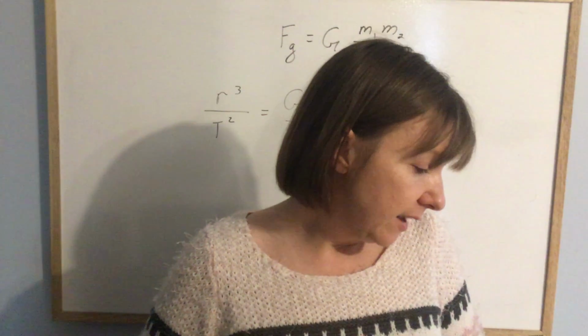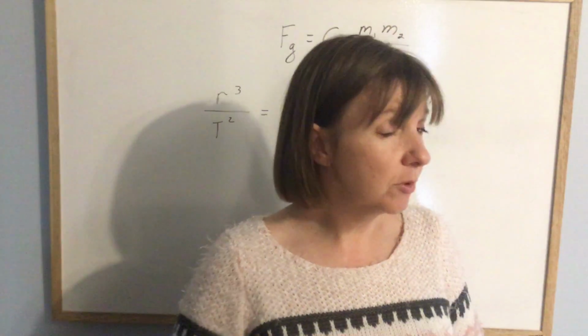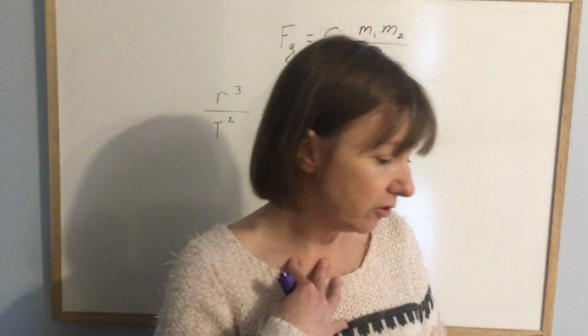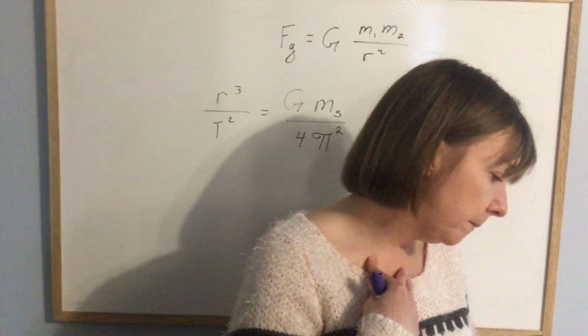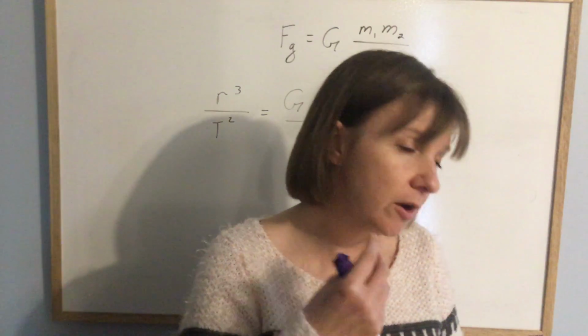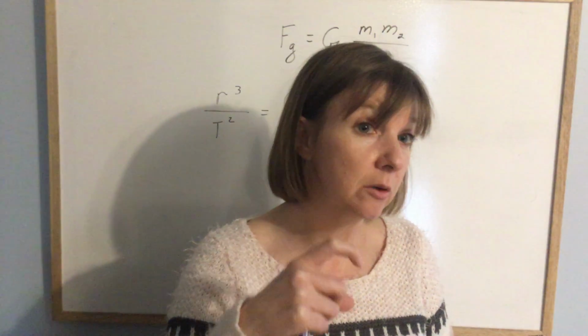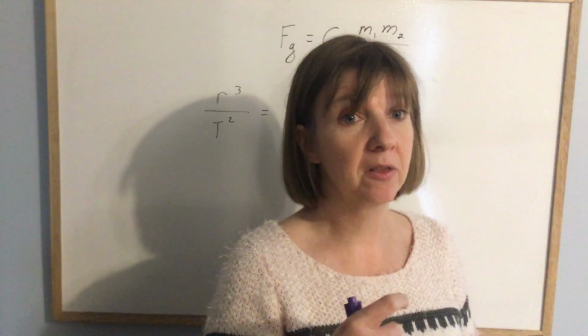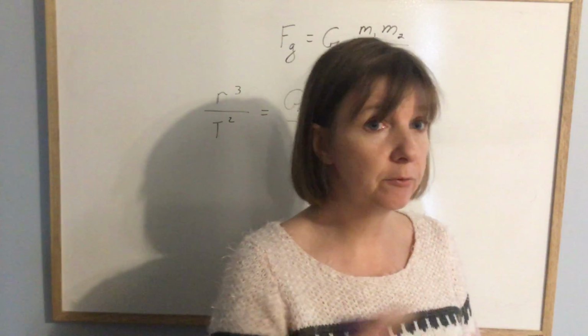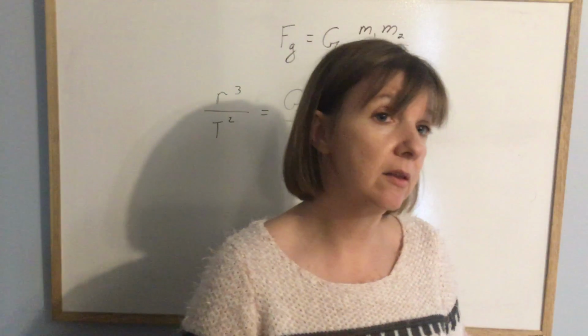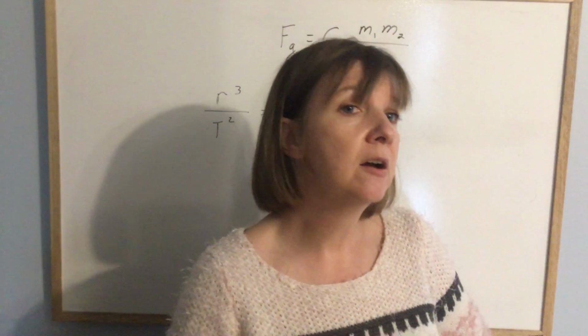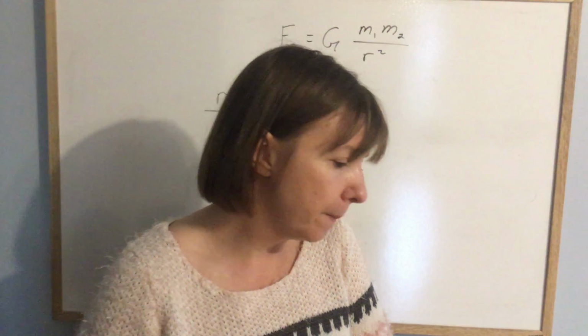So one of the things that Cavendish did, and I can't really explain this because I don't totally understand it myself, is that he really wanted to figure out what this constant G was. He's the one responsible for figuring it out. Remember I said they didn't figure out what G was until about 70 years after Newton died? Well, Cavendish was the one who figured it out.